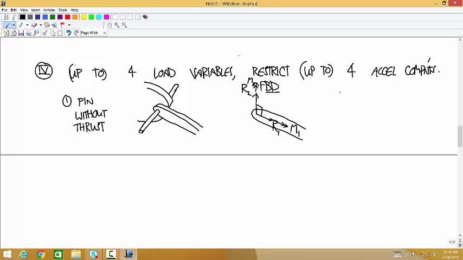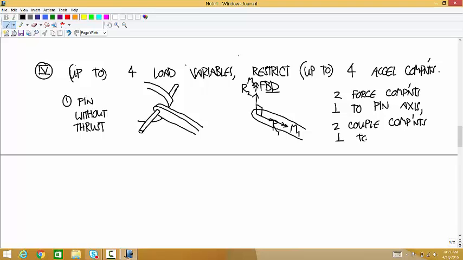And so those loads are two force components perpendicular to the pin axis and two couple components perpendicular to the pin axis.